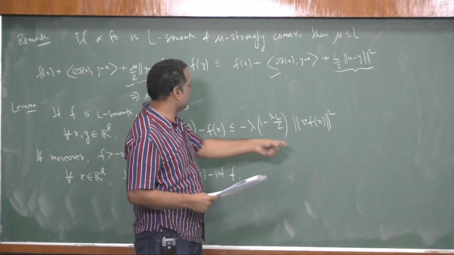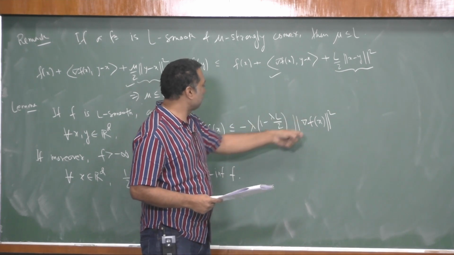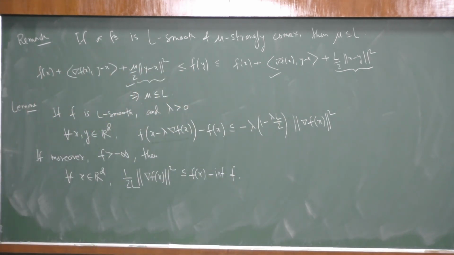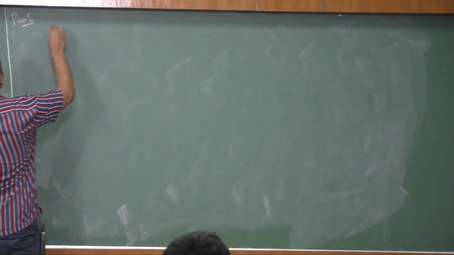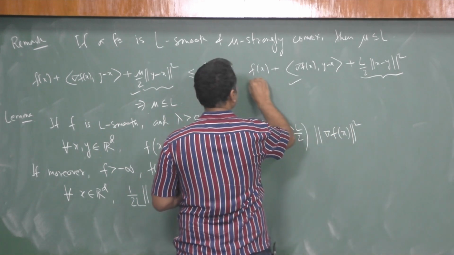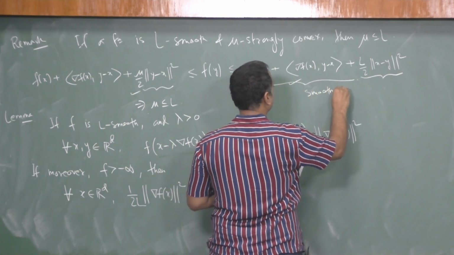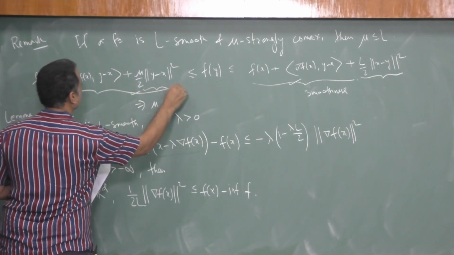Now there is a grad f(x) here, but how do they combine to make this whole thing, right? So it seems that it comes from the smoothness part. Okay, so let us see that. Okay, so let y be this. So this part is smoothness, and this part is mu convex.